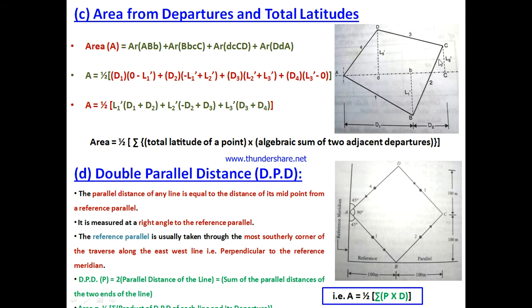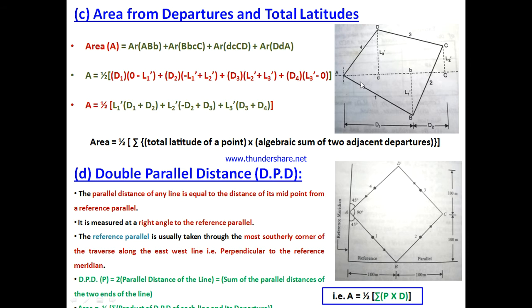We just don't need to worry that we are considering a particular portion twice in our formula, because with the help of the proper sign convention of the latitude values and the departure values, we will be left with only the required traverse area.